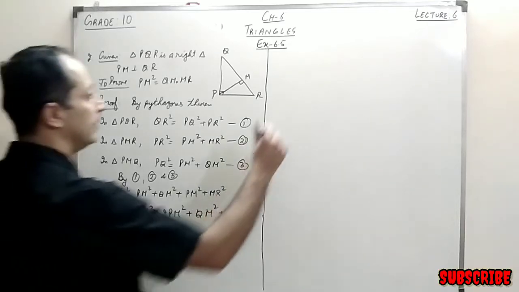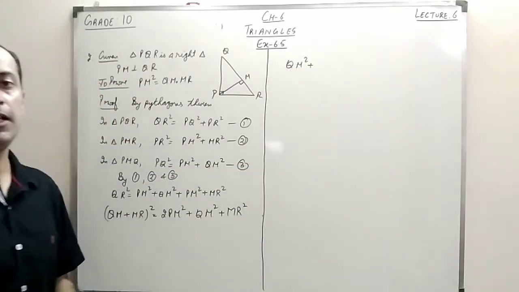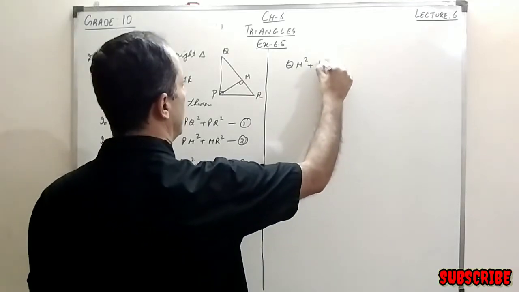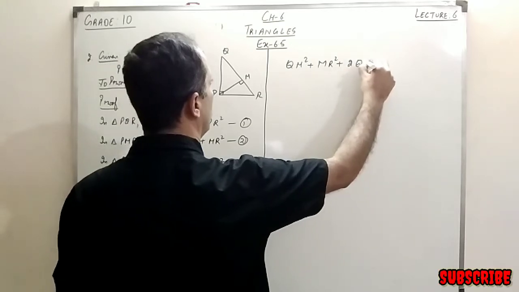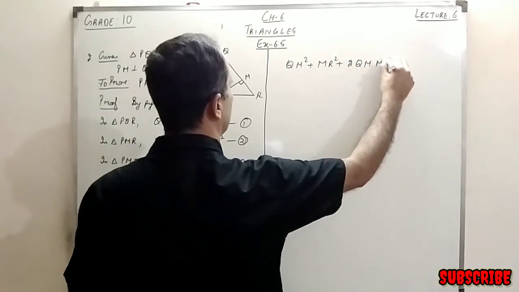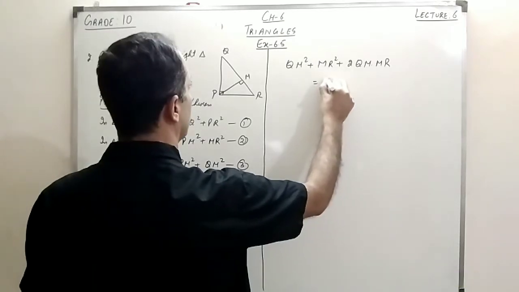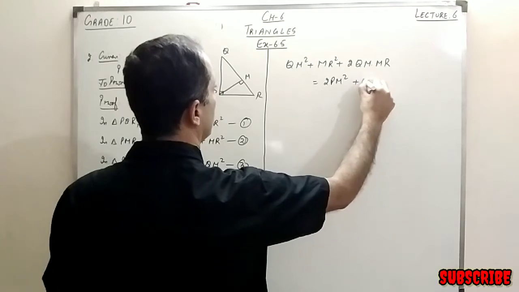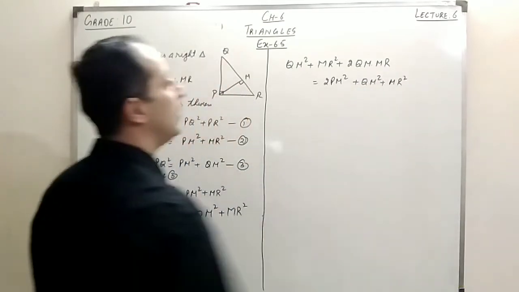Now if I open the square of this thing, what I get? Applying the identity of A plus B whole square, this will be QM square plus MR square plus 2 into QM into MR. And on the right side I have 2PM square plus QM square plus MR square.